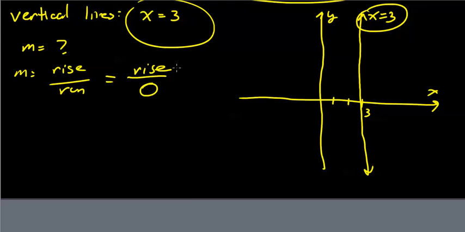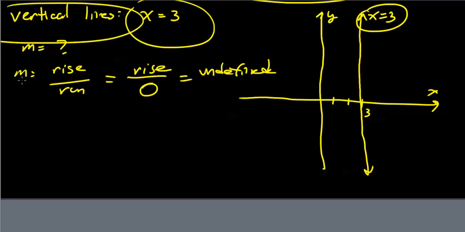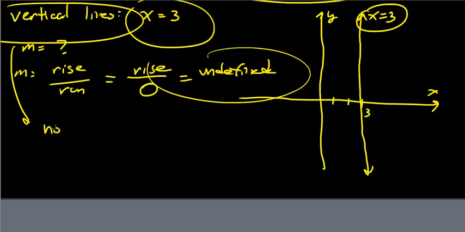So no matter what rise I take into consideration here, the run will always be 0, and division by 0 is undefined. So with a vertical line, since my slope calculation will always turn out to have a division by 0, we say a vertical line has no defined slope.